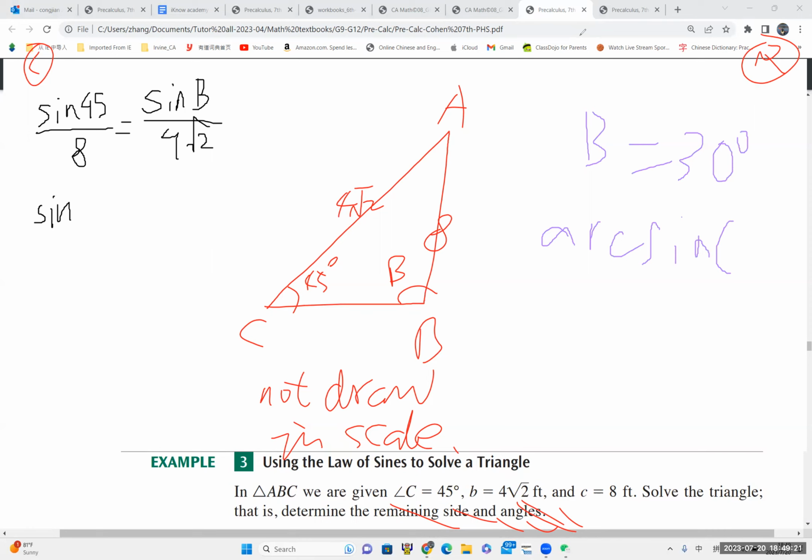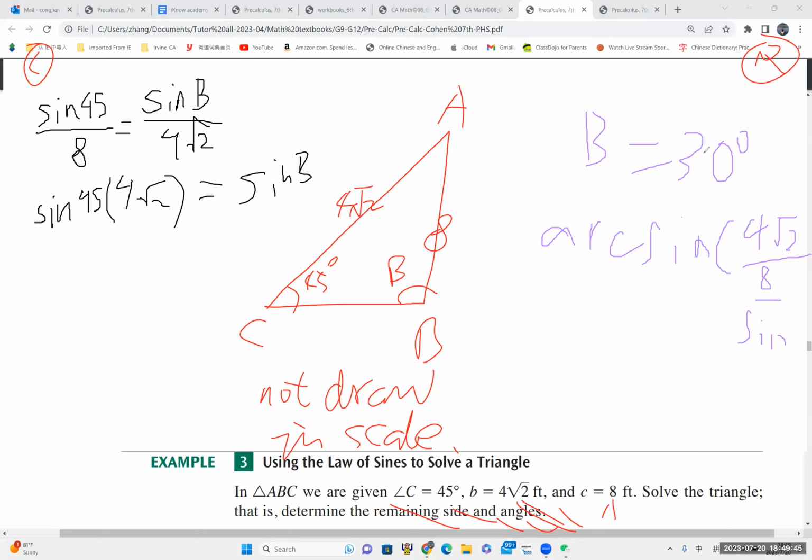Arc sine 3. So Ray, how do you know B is 30 degrees? We want to solve for angle B, right?